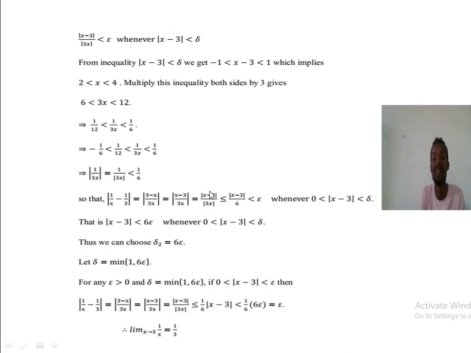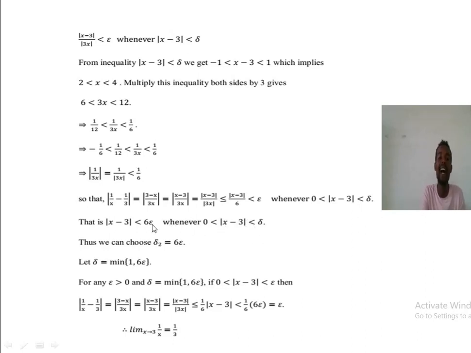So this can be changed by 1 over 6, then we have this is less than or equal to the absolute value of x minus 3 over 6, which is less than epsilon, whenever 0 is less than the absolute value of x minus 3 less than delta. Now here, multiplying both sides by 6, we have that the absolute value of x minus 3 is less than 6 times epsilon, whenever 0 is less than the absolute value of x minus 3 is less than delta.